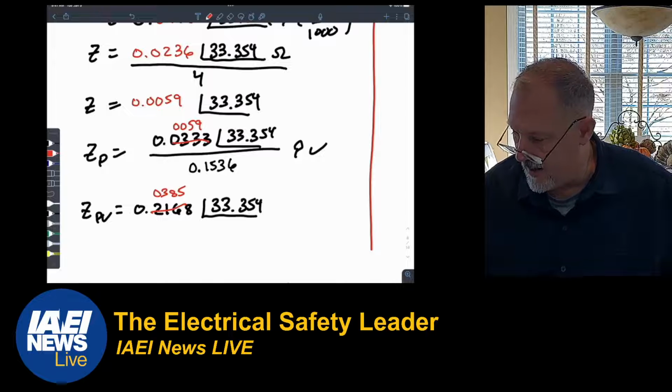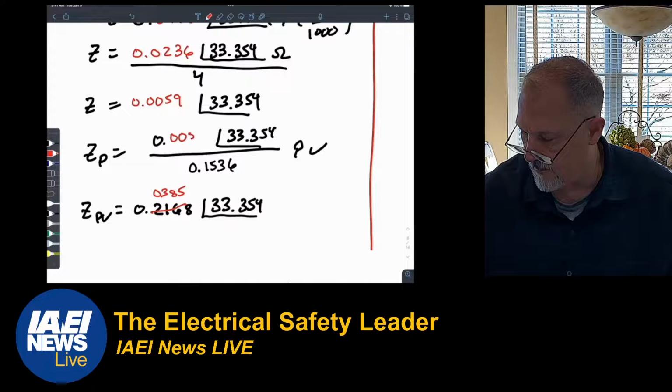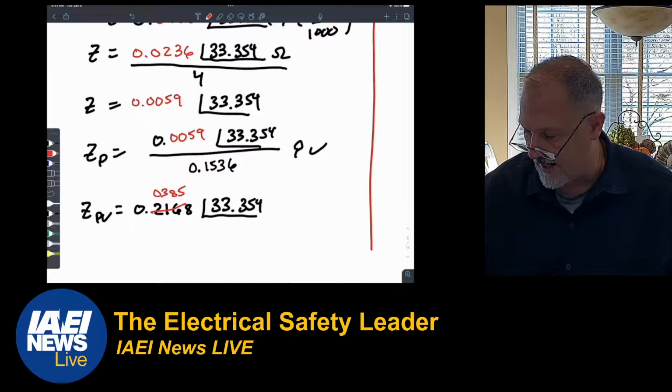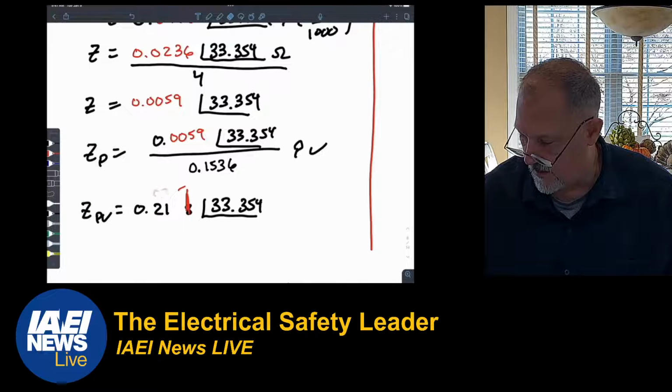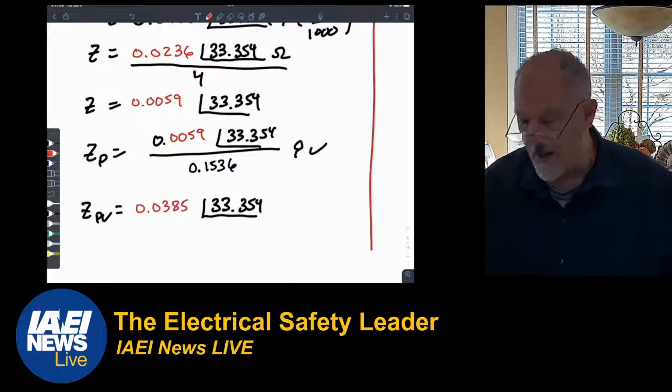And then I have to divide that 0.0059 by the base, 0.1536, and I get 0.0385.